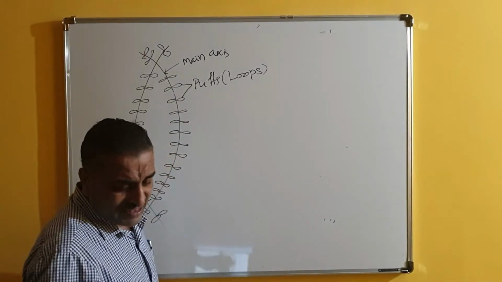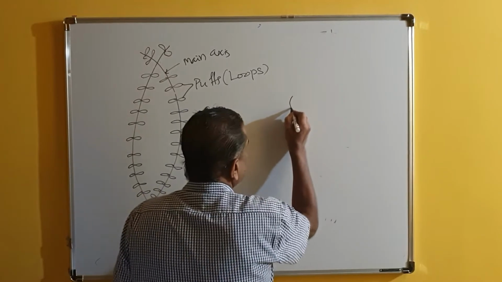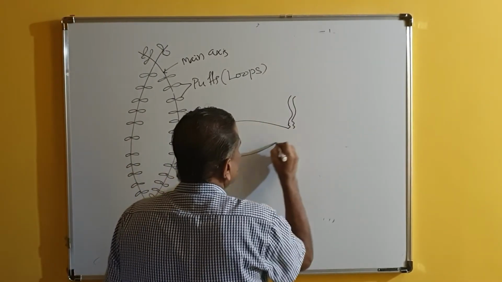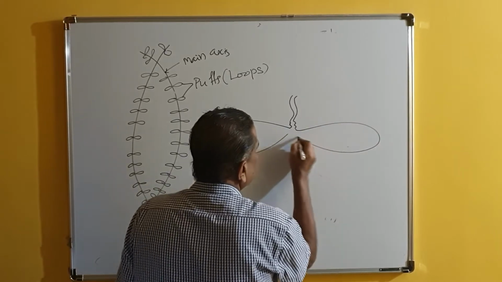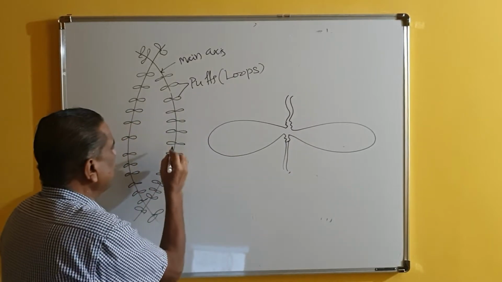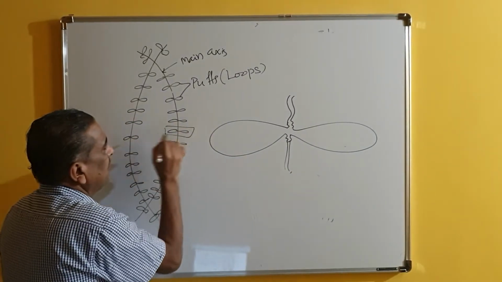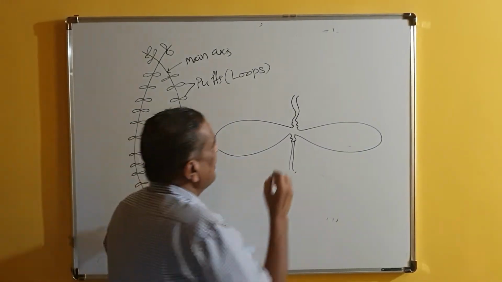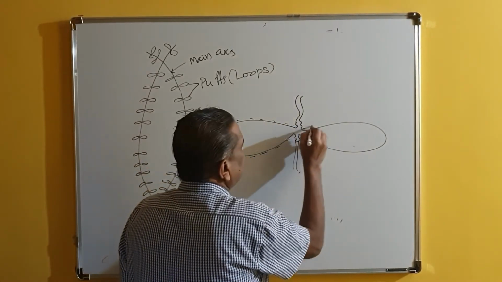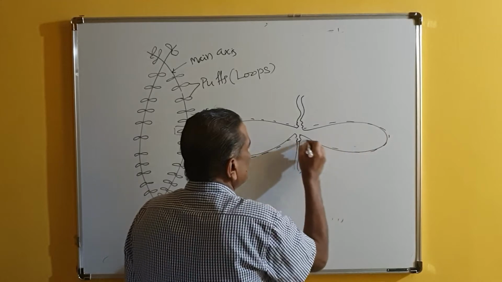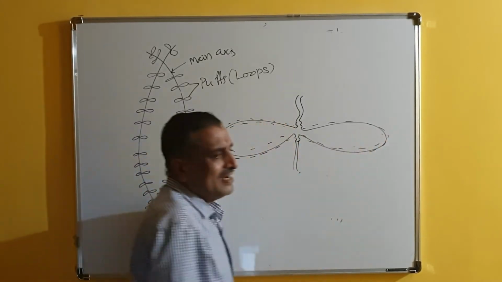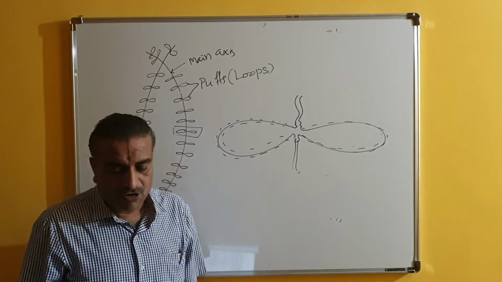If you observe this structure here, this is called the loop. One loop I have enlarged here, and this loop is a very active site, just like the Balbiani rings in polytene chromosomes. These are the active sites of protein and RNA synthesis.